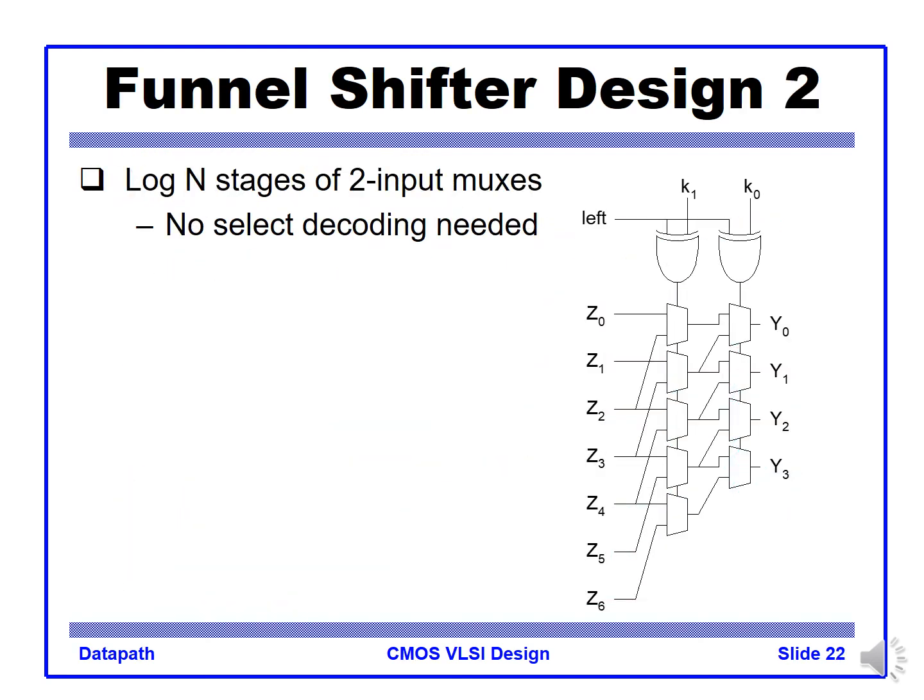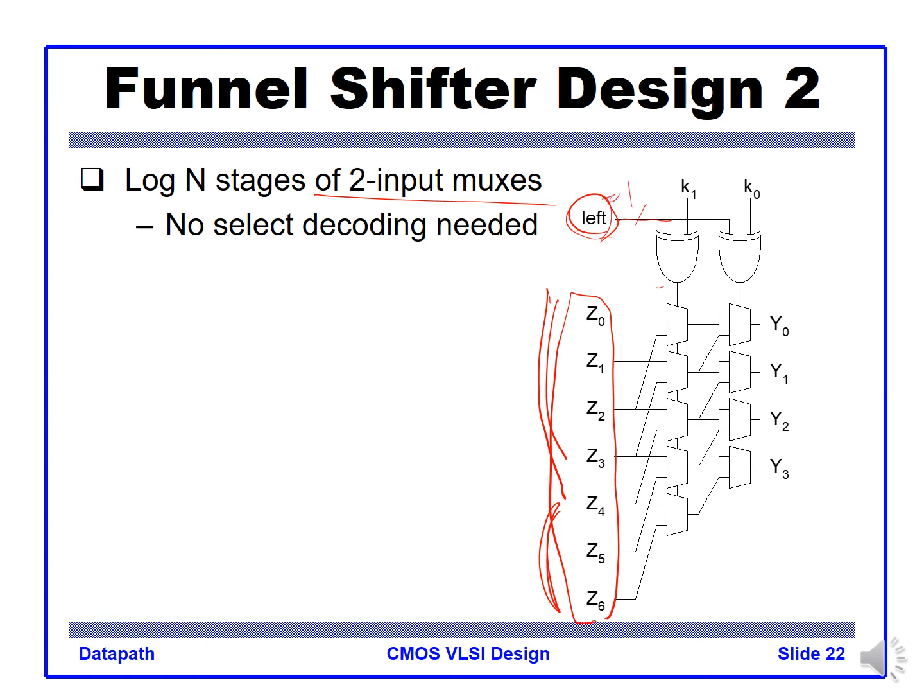Another way to implement the funnel shifter structure is just using 2-to-1 multiplexers. So like this, we have a 7-bit input, so the actual input is 4-bit, but we have an additional 3 bits to constitute the funnel shifter structure. And here the decoder is in here. If the left operation is asserted, then this exclusive OR behaves like an inverter. So if the left is 1, then K1 and K0 are inverted.